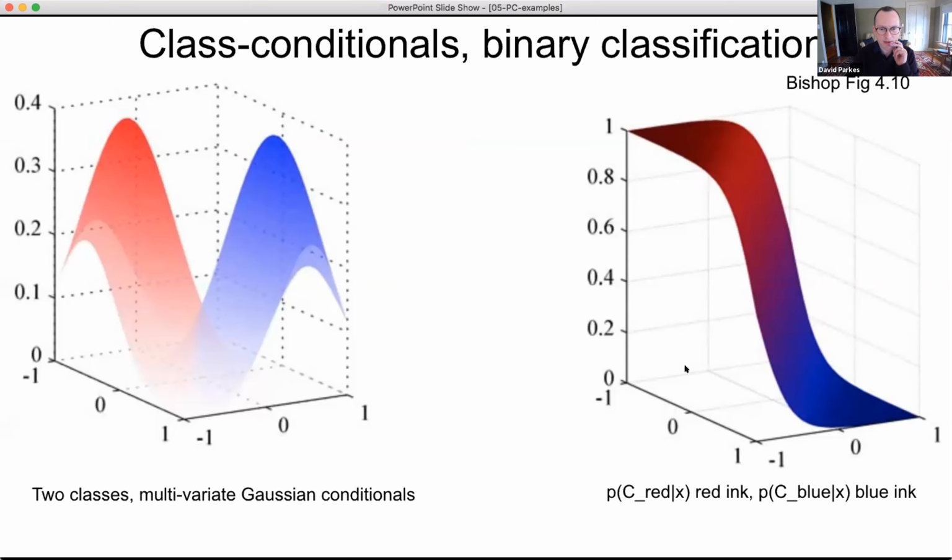And this is showing you the probability you would infer for class red versus class blue as you move from the 1, 1 part of the input space to the -1, -1 part of the input space. And as you do that, you initially are very certain that you have a blue example, and in the end, you're very certain you have a red example, and in between you're not sure. And you kind of see it here in the picture. Your blue data lives over here, your red data lives over here.